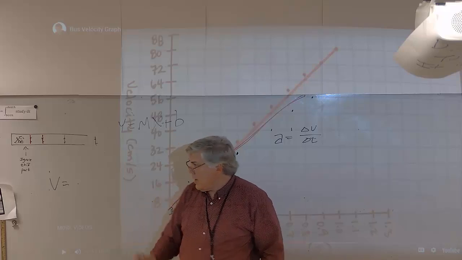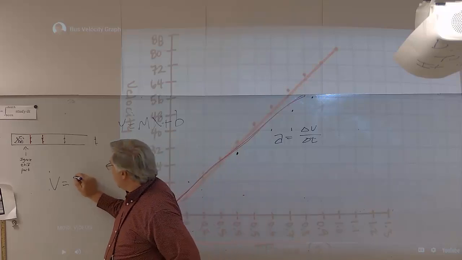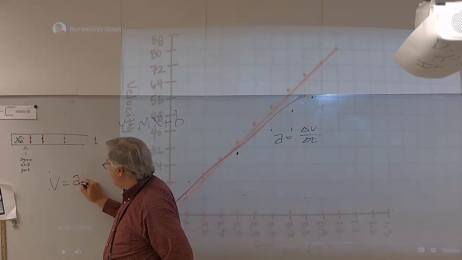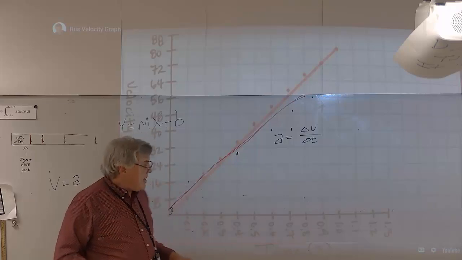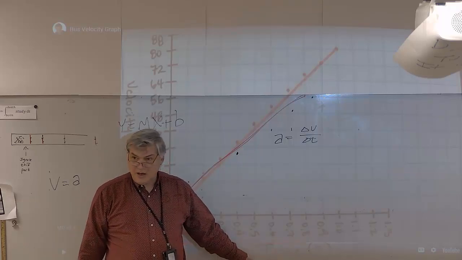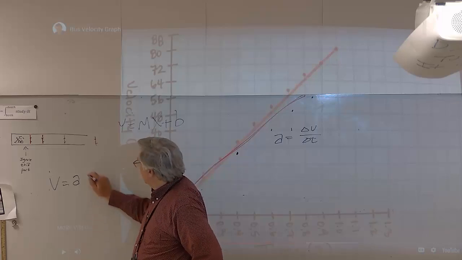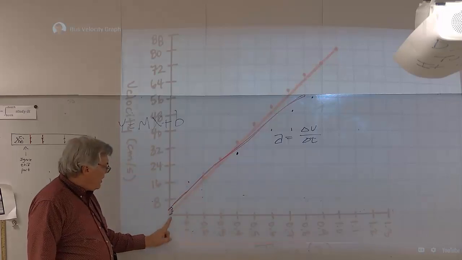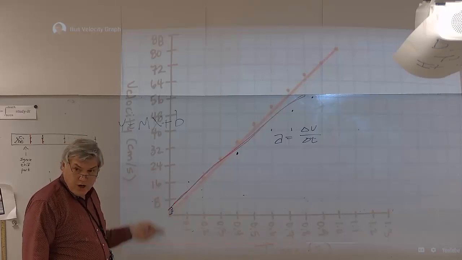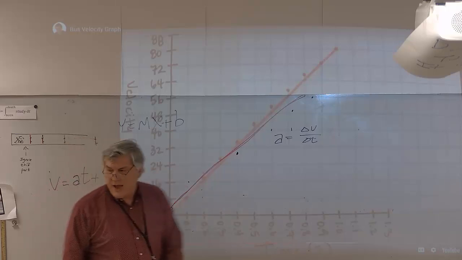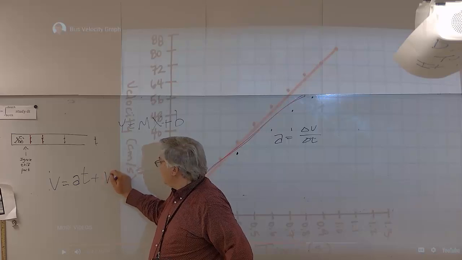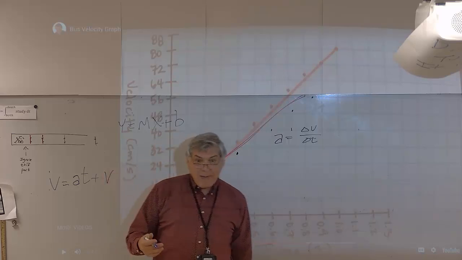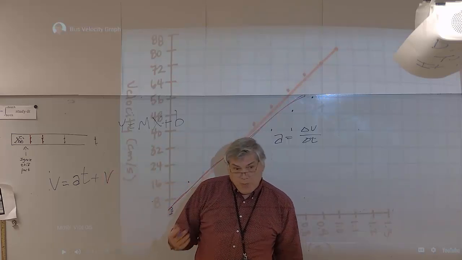So m, the slope of this line, is actually a. The x-axis, what is the x-axis? Time. t plus, and then we have some other v, because we already agreed that this was some v-intercept, right? So we have some other v over here. Now, it can't be the same v. It's probably some other v.